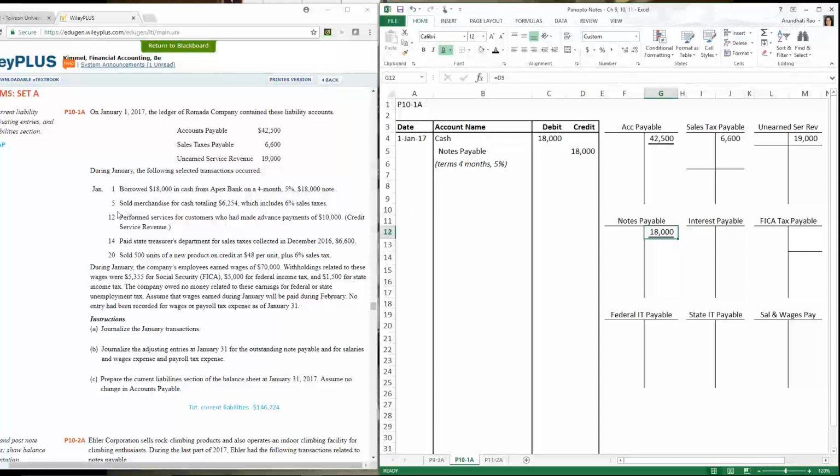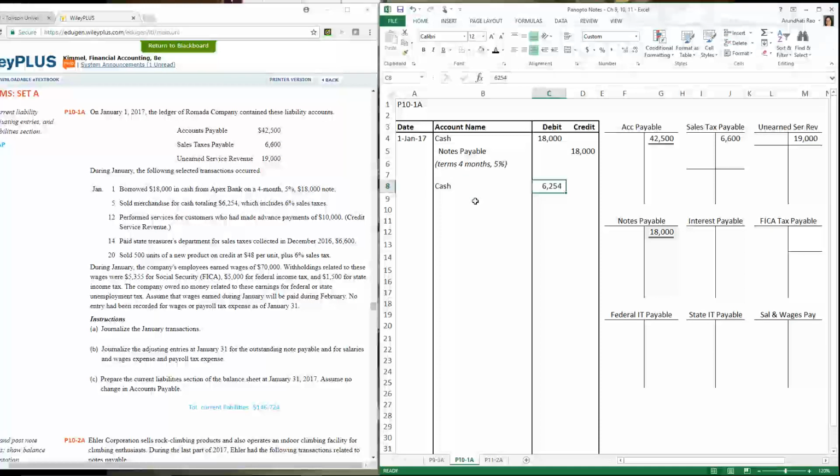The next is on Jan 5th, I sold merchandise for cash totaling $6,254. This amount includes 6% sales tax. The sales tax that I collect is not mine to keep. I have to give it to the government. So I know how much cash I collected.